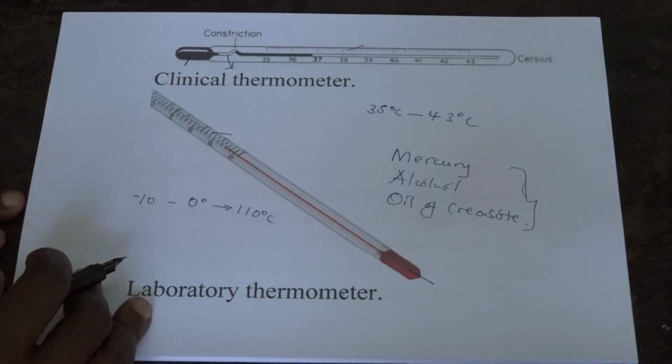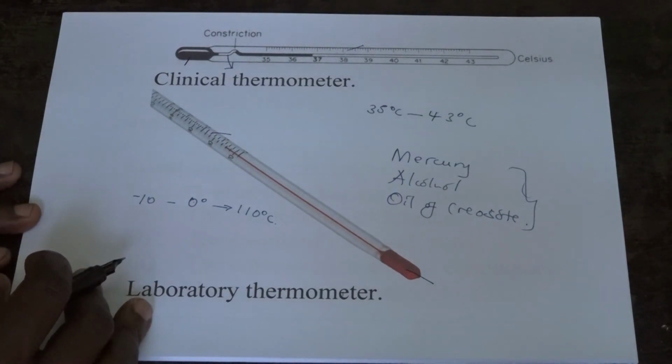The major differences between mercury and alcohol are: first, mercury has a high boiling point of 357 degrees Celsius, while alcohol has a low boiling point of 78 degrees Celsius. Mercury has a relatively higher melting point of negative 39 degrees Celsius, and alcohol has a low melting point of negative 115 degrees Celsius.